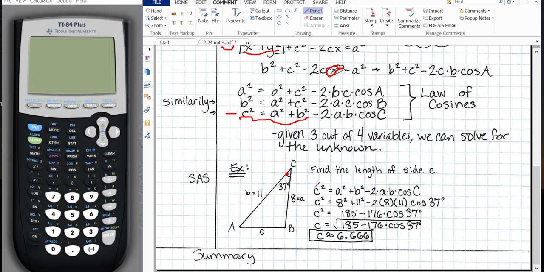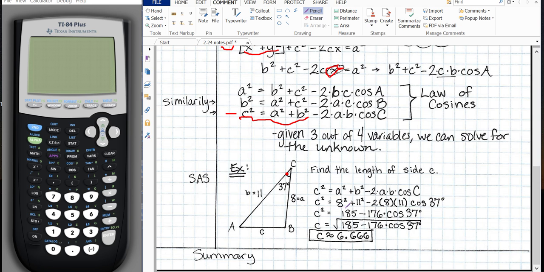So we always write out the formula first, and then we plug in the values that we know. We know that a is 8, b is 11, so those get plugged in everywhere we see an a or a b. We also know the measure of angle c, so we plug that in for cosine of 37 degrees.